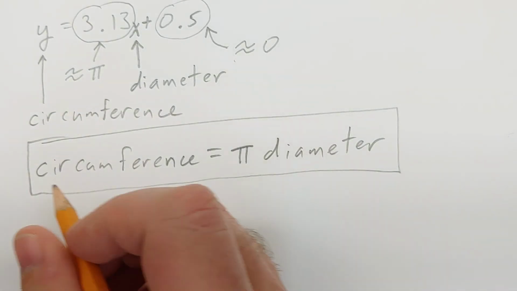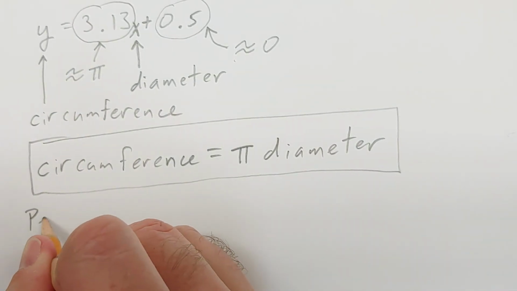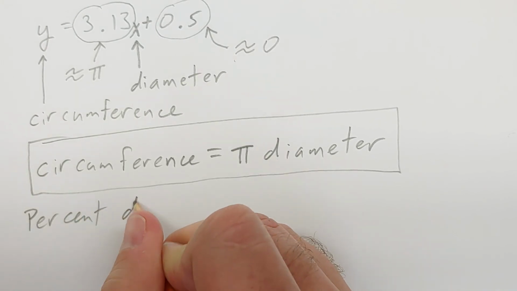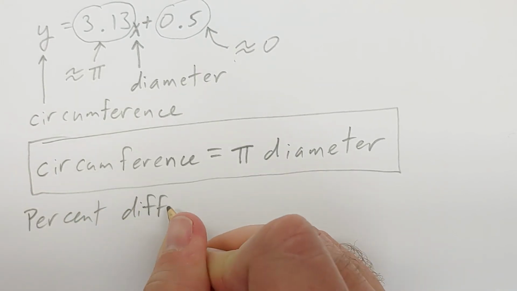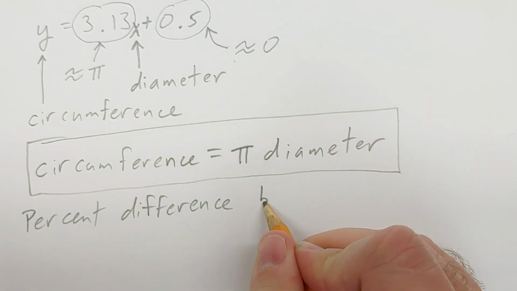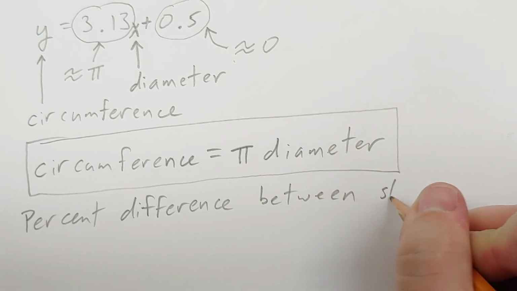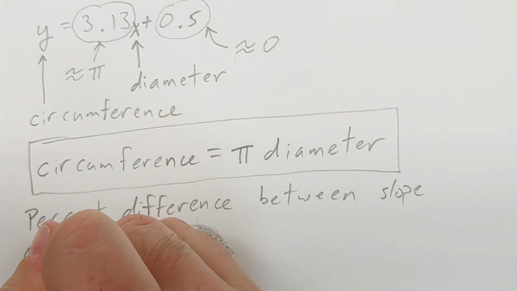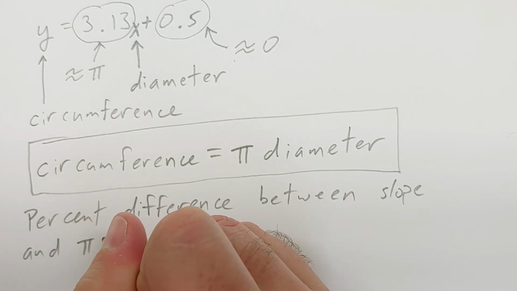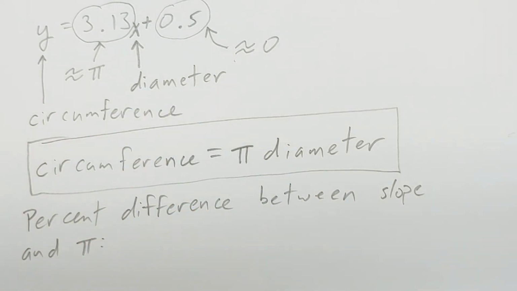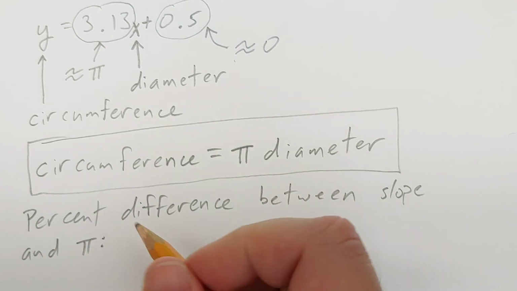And so for the percent difference between our slope and pi, the way you find the percent difference is always the difference between your theoretical value and your experimental value. We're going to take the absolute value of this, so the order you subtract in doesn't matter.